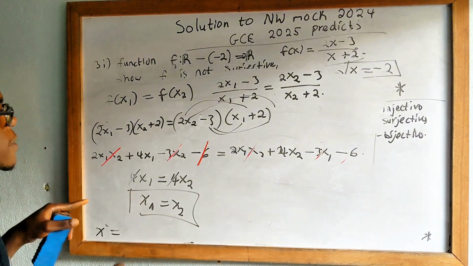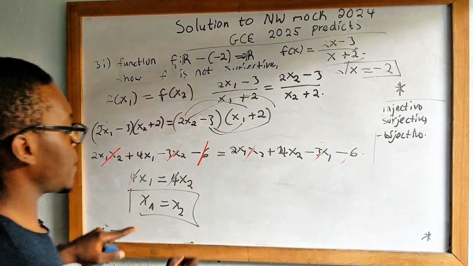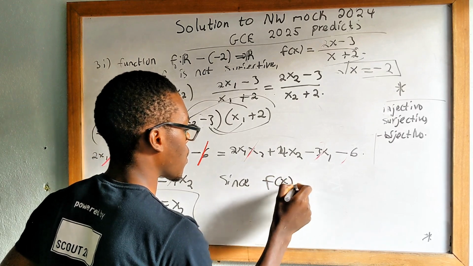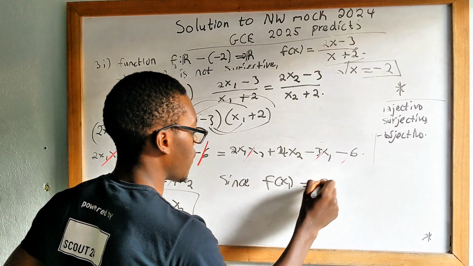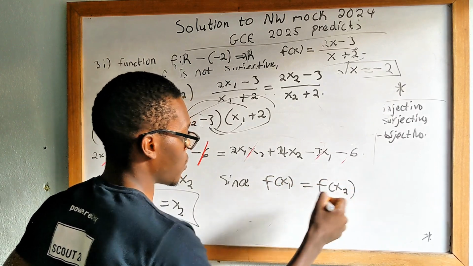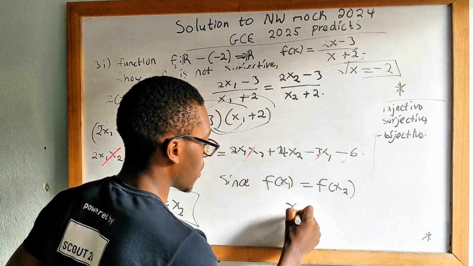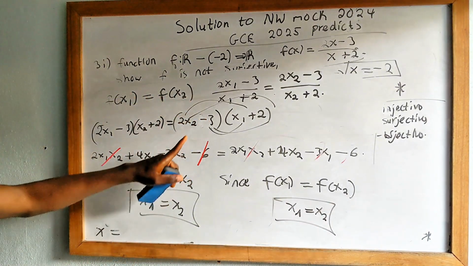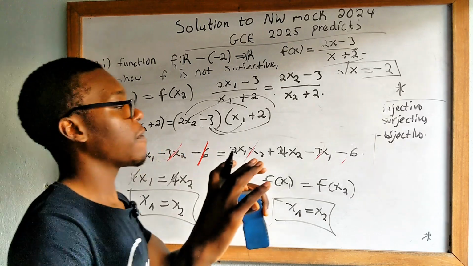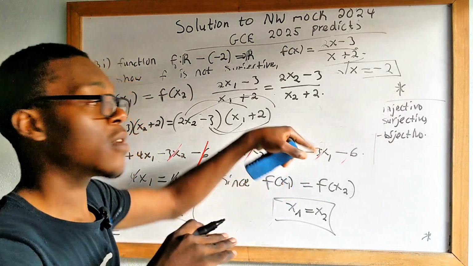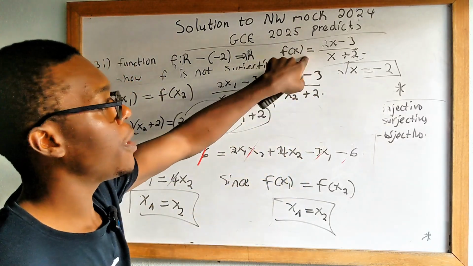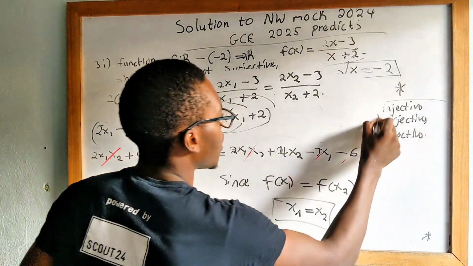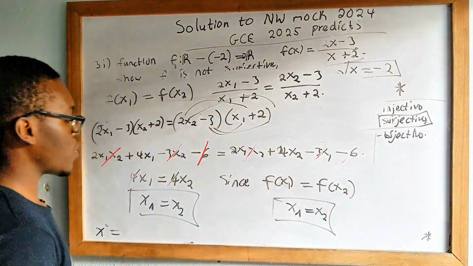Hence f of x is injective, since f of x1 equals f of x2 gives x1 equal to x2. There are some cases where it's not possible, but in a great majority of these equations from 2000 up to 2024, mainly all the functions were usually injective. It's just at the level of surjection that it wasn't possible.